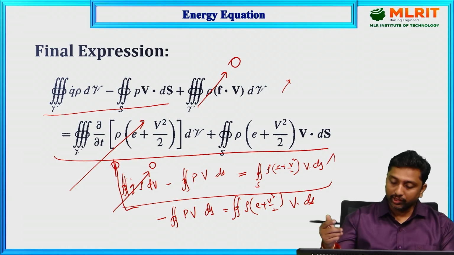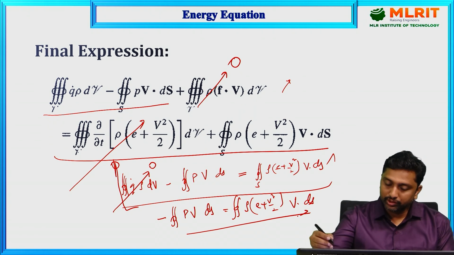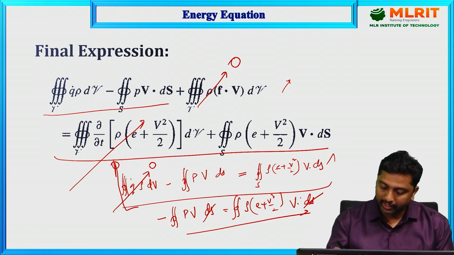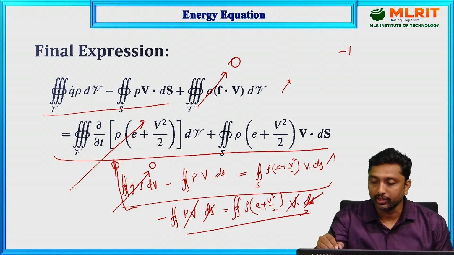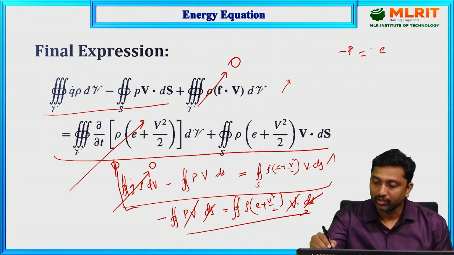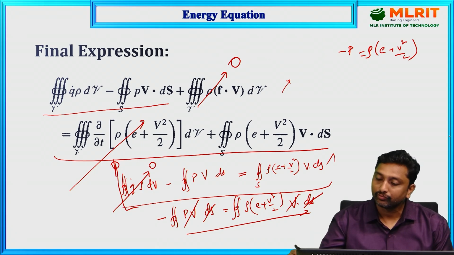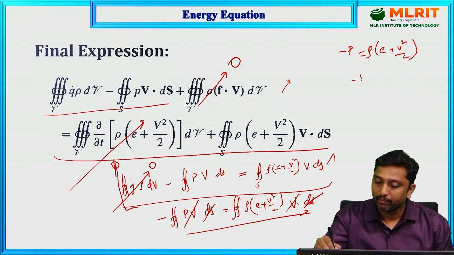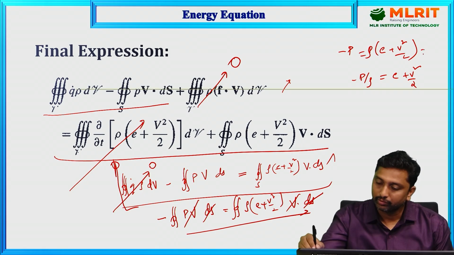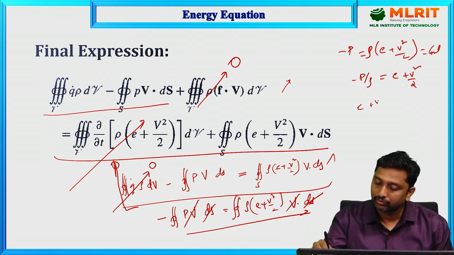If we further reduce this, the integrations can be cancelled and velocity can be cancelled. It can be written as P equals rho into E plus V square by 2, which can be written as minus P by rho equals E plus V square by 2 equals constant, or E plus P by rho.